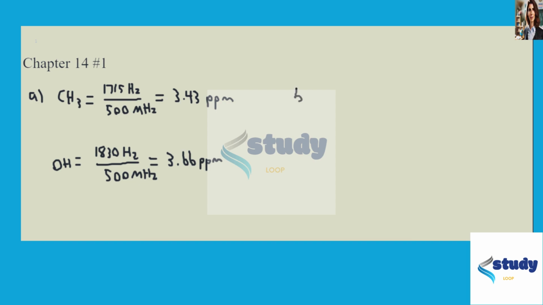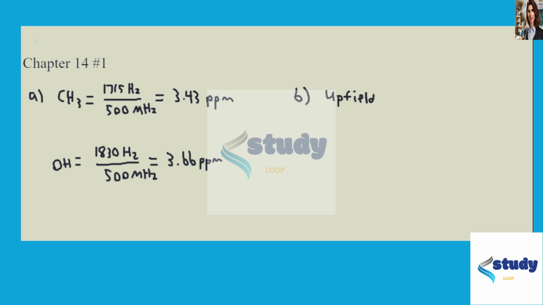So something to the right is going to be upfield, and something to the left is going to be downfield. As the numbers go up, we call that downfield, which is sort of counterintuitive, I guess. In this case, 3.43 is going to be to the right of 3.66, and so that makes the methyl protons upfield of the alcohol proton.